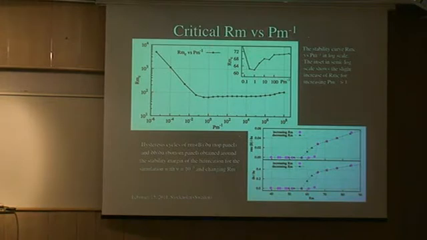Essentially, these results show a very weak increase in the critical magnetic Reynolds number for increasing values of this parameter, the inverse of the magnetic Prandtl number, in the range in which this parameter is larger than 1, while for decreasing values of this parameter, we can see a strong monotonic increase in the critical magnetic Reynolds number.